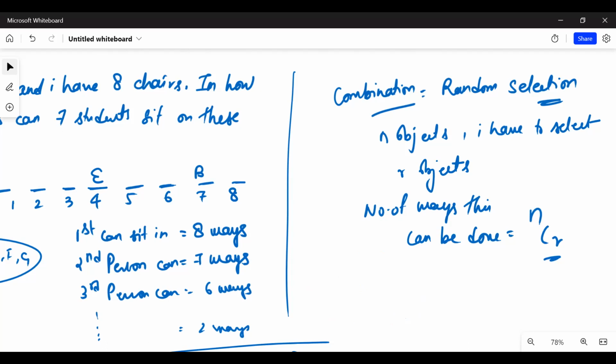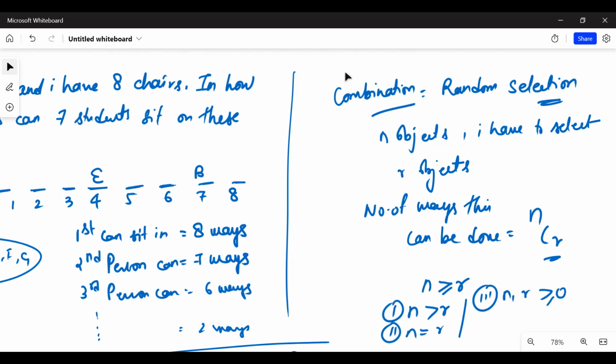Please remember, n is greater than or equal to r. You cannot choose more than what is there. If 7 students are there, I cannot choose 8 students from 7 students. Whenever you talk about r, either your n is greater than r or n is equal to r. And both n and r should be non-negative integers.